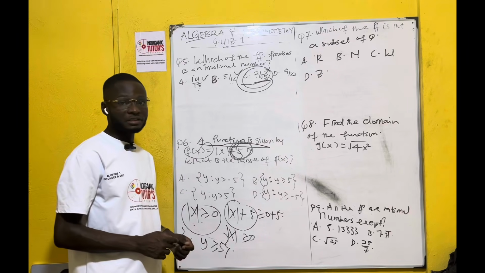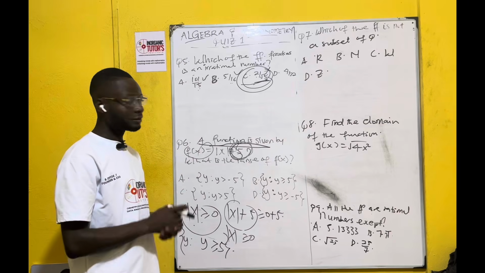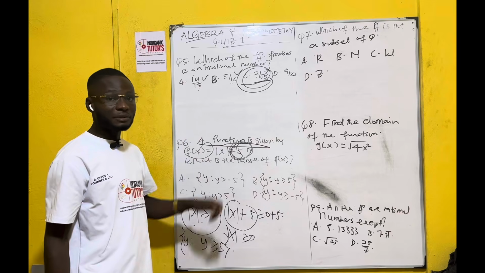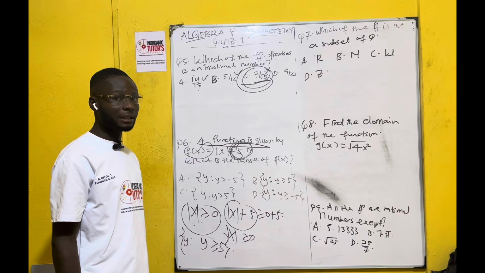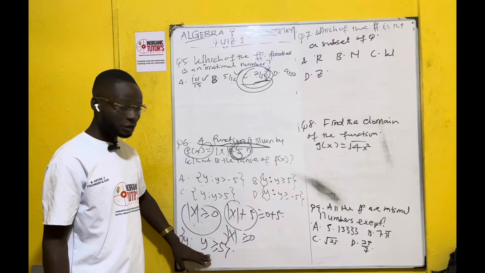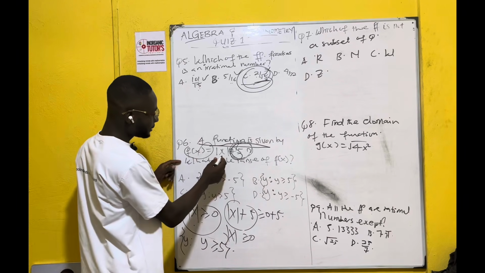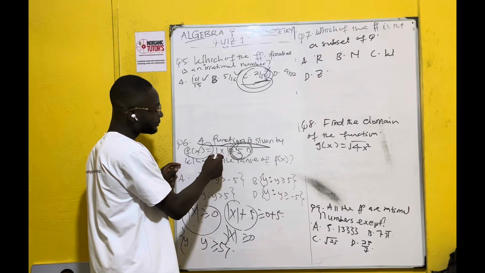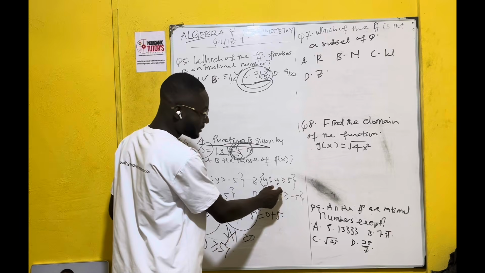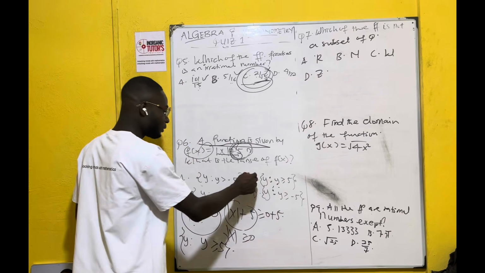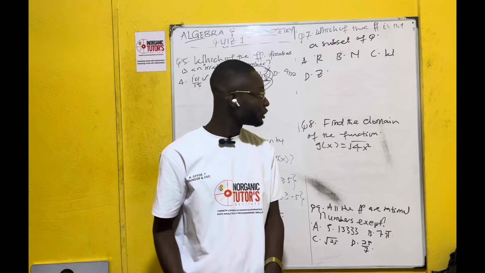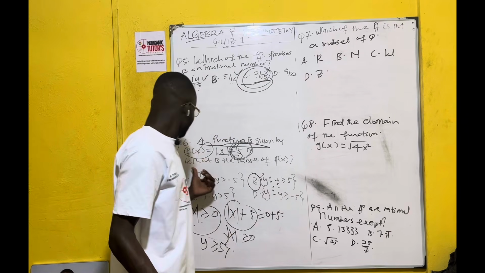If you have a problem of this nature, just recall the properties. The absolute value property says that if you have absolute value of x, then it must be greater than or equal to 0. So that is the solution: the range of absolute value of x plus 5 is y such that y is greater than or equal to 5. So option B. That is the solution to question number 6.